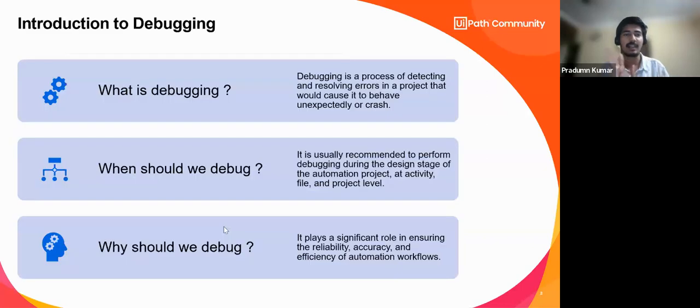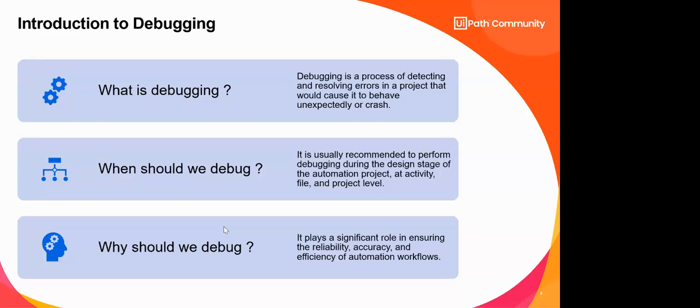Okay, let's start. So anyone, again, same question, what is debugging? Just a final response from you guys. What is debugging according to you? Catching and solving the bugs which occur during programming.